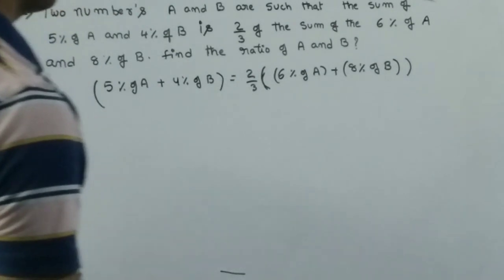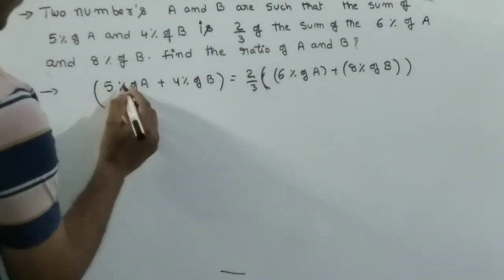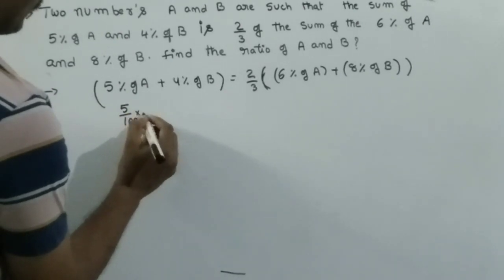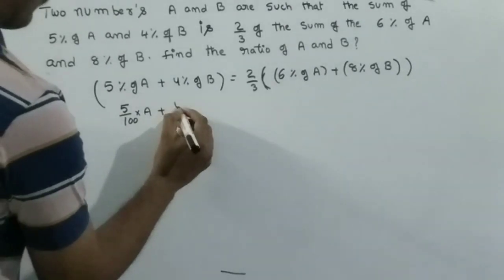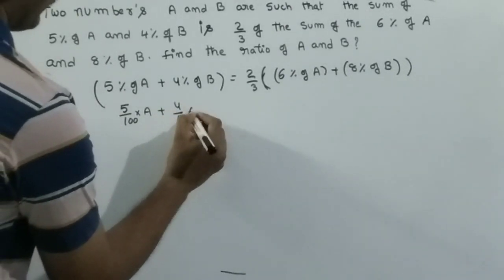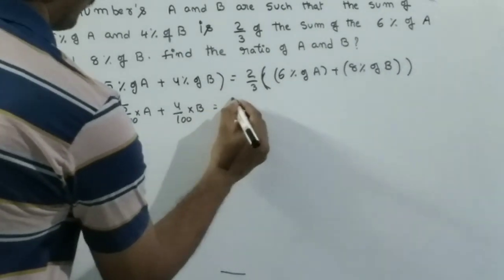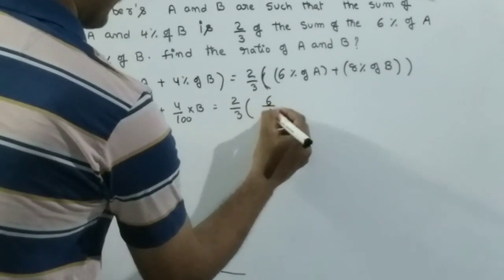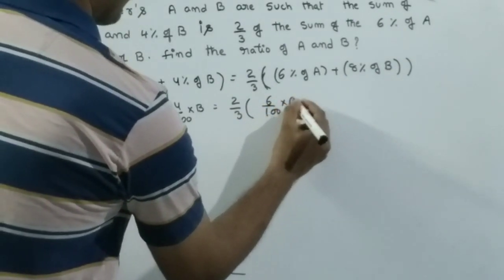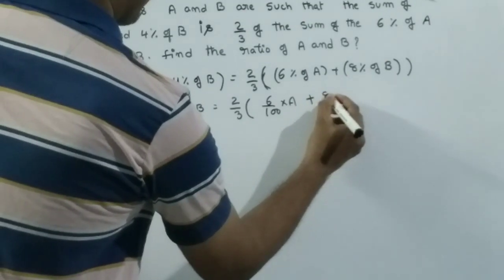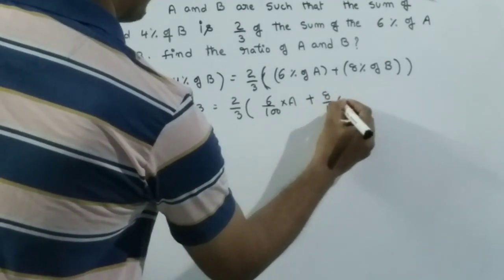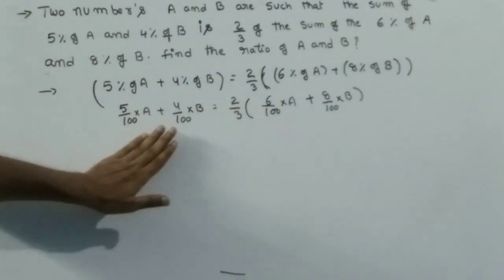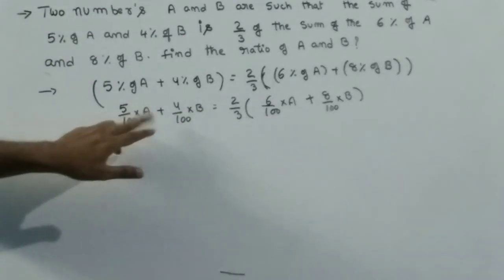Now we will solve the question. See, 5% means 5 by 100 into A plus 4 by 100 into B equal to 2/3 of 6 by 100 into A plus 8 by 100 into B. Friends, you don't go for any multiplication or division.